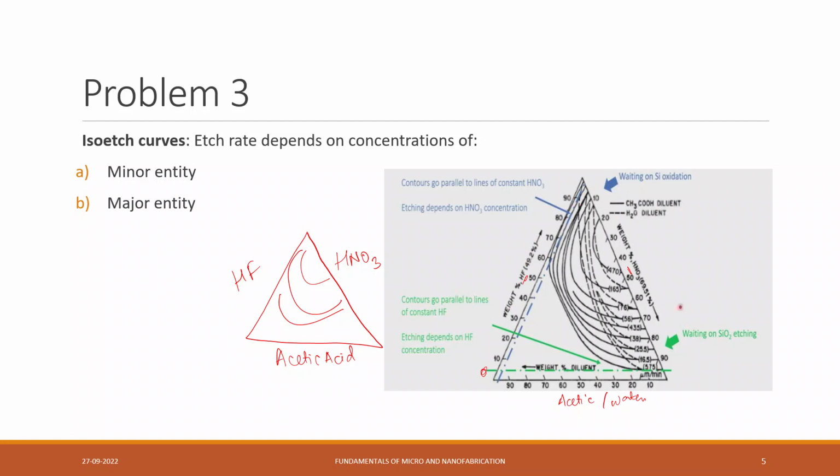So the quantity that is in sparse concentration usually plays the role, and you can go on changing the other components, the effects will mostly be negligible. So it essentially depends on the concentration of the minor entity.